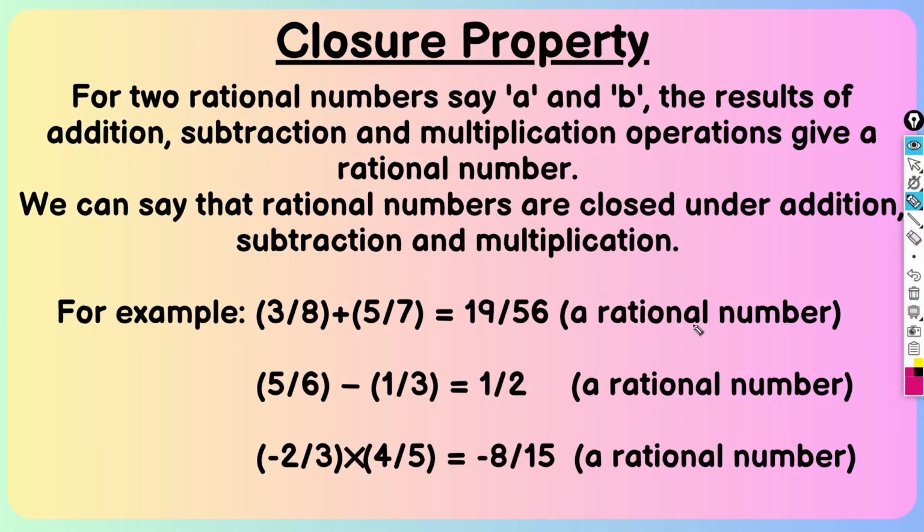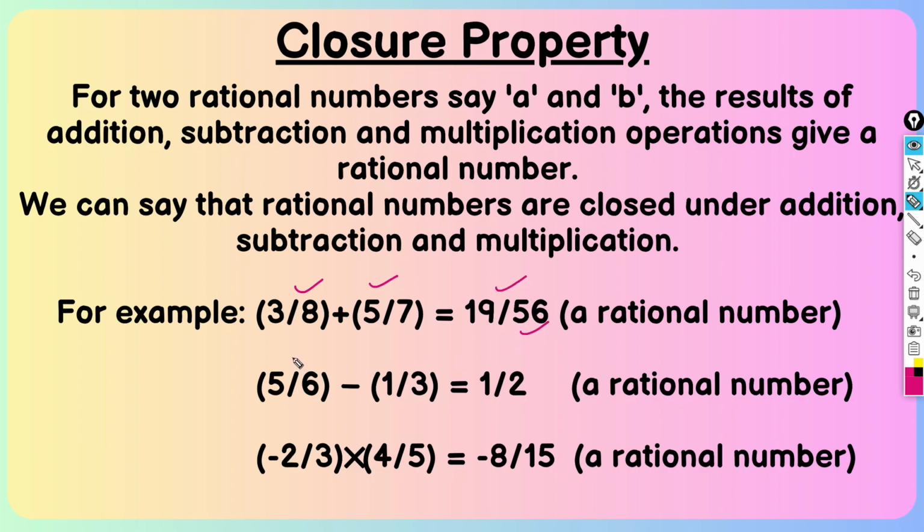Closure property says that for 2 rational numbers, say a and b, the results of addition, subtraction and multiplication operations give a rational number. That means if we add, subtract or multiply 2 rational numbers, the result is a rational number. For example, if we add 3 by 8 with 5 by 7, we get 19 by 56, which is a rational number.